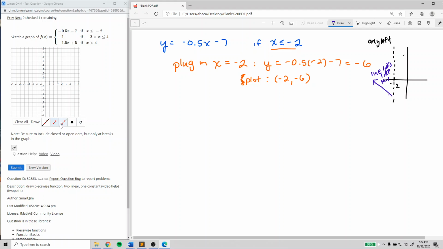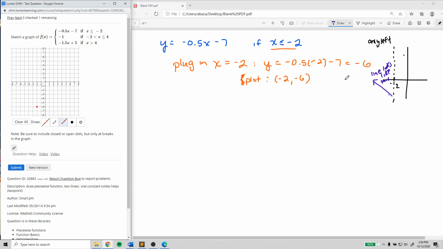So I need to use the graphing tool that goes in only one direction. I select that, and then I start by plotting x is negative 2 and y is negative 6. I'm going to leave that alone for a second because this is a line, and to graph a line we need one more point.